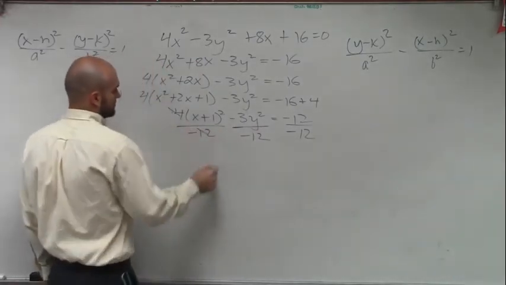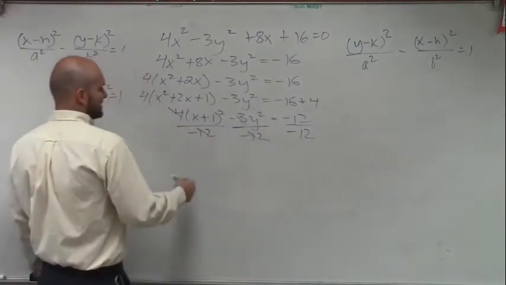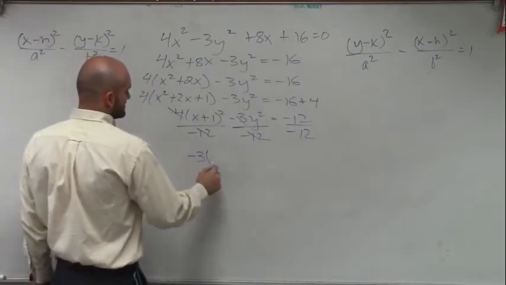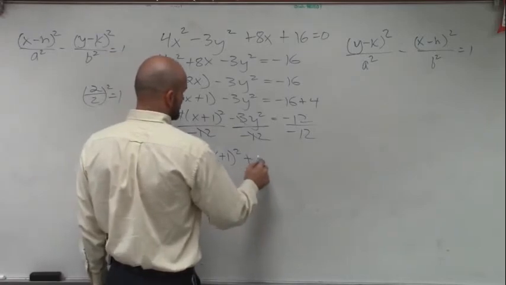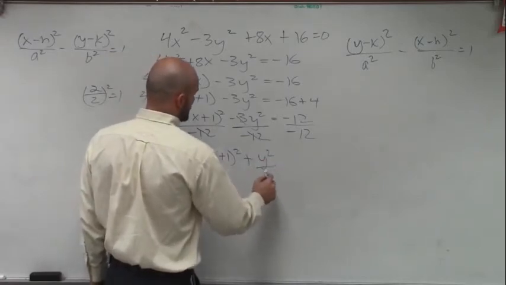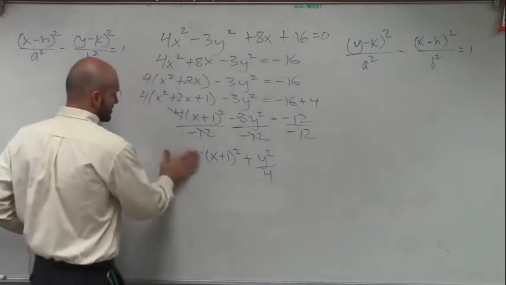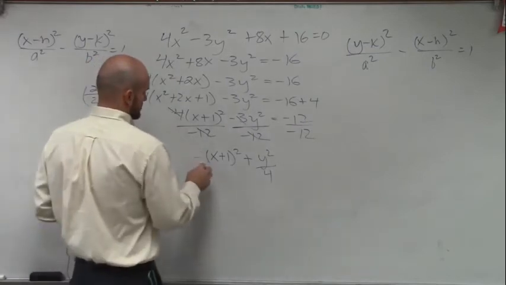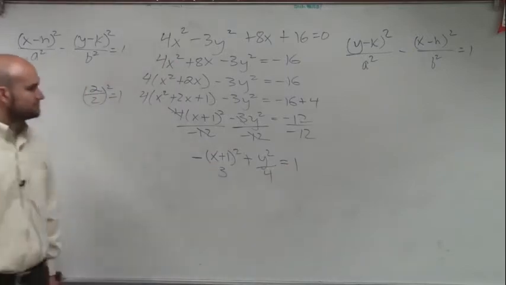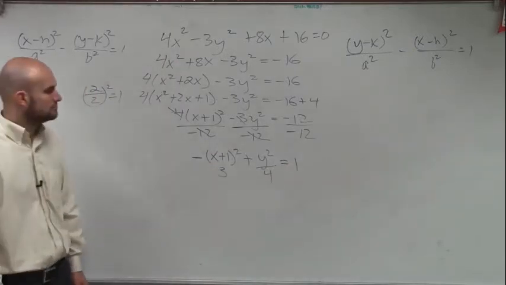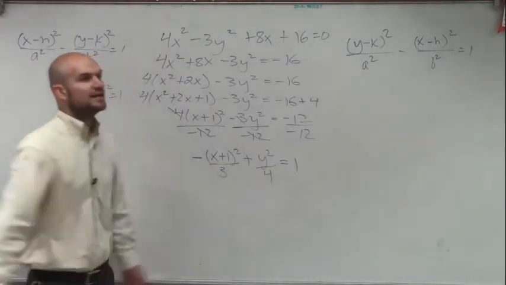Therefore, by simplifying this, I now have a -3 times x plus 1 squared plus y squared over 4. I'm sorry, that's a 3 on the bottom, right? Well, so you make the top negative, not the bottom? It doesn't matter. -4 divided by 2 is the same.